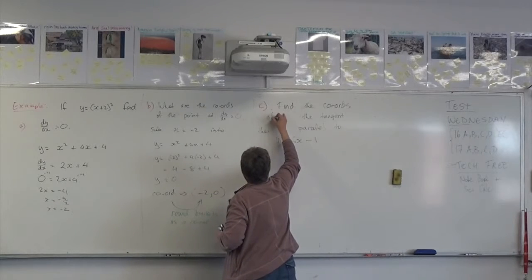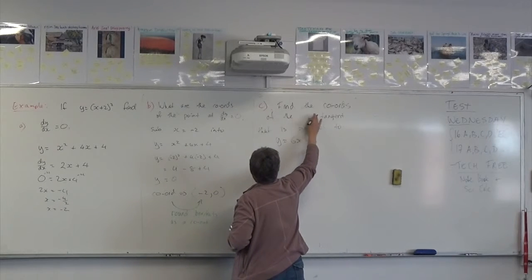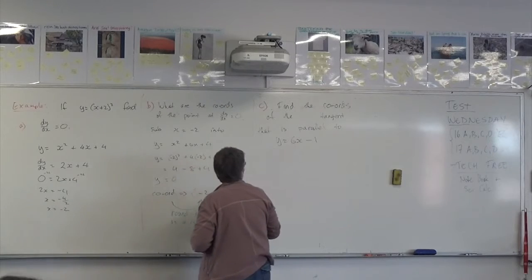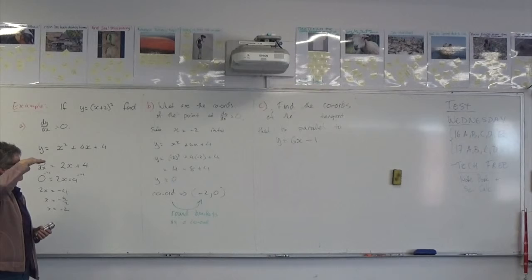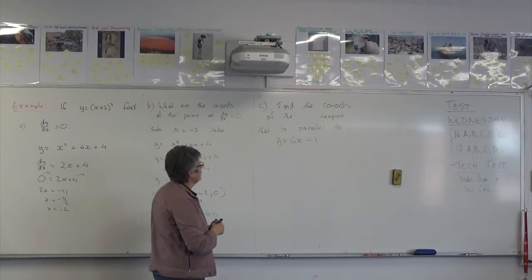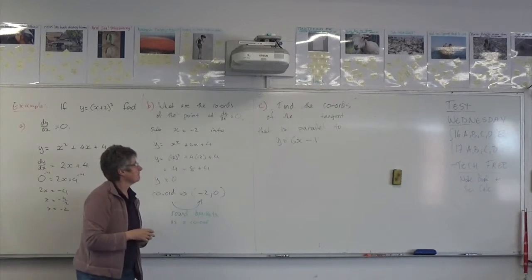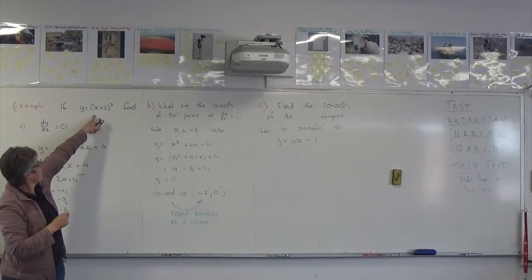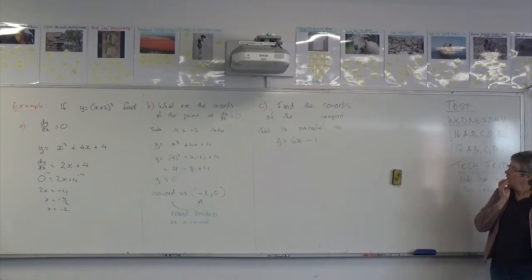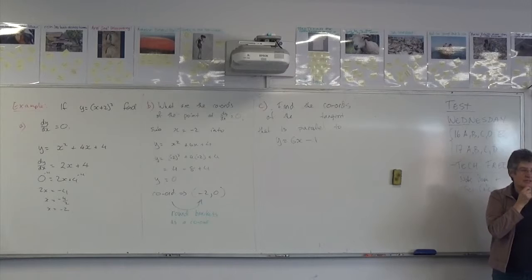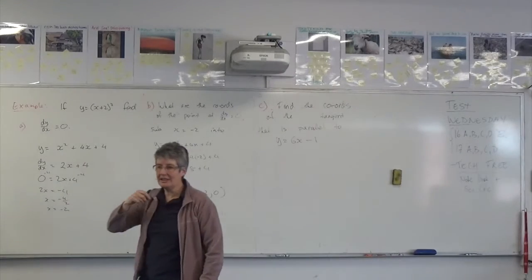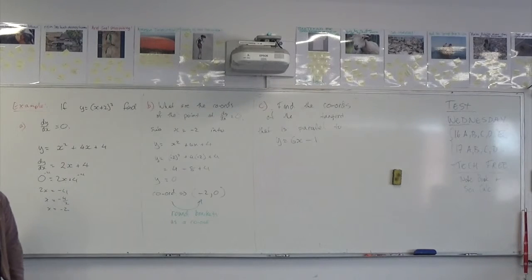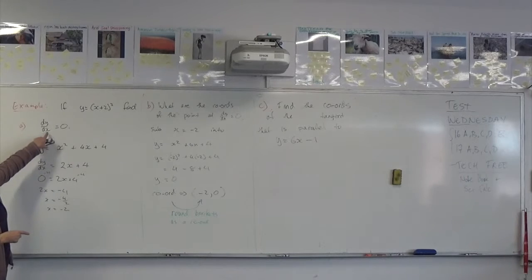So we want to find the coordinates at the point where the tangent is parallel to that. So we're still working on this graph. What do we know that the tangent is? The gradient. It's the instantaneous gradient at a certain point.